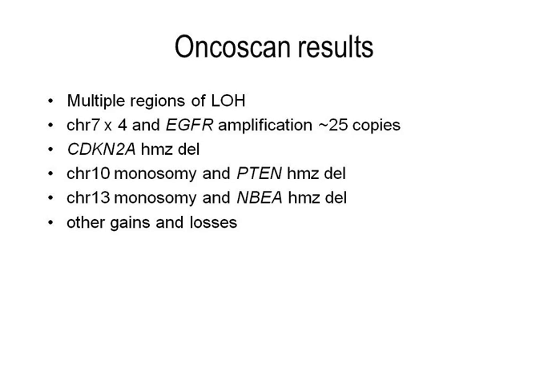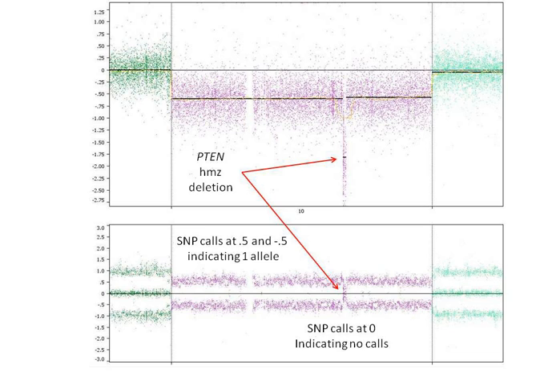OncoScan, however, showed many more additional clinically relevant data: multiple regions of LOH, EGFR amplification, which was also seen by NGS. In addition to that, there was CDKN2A homozygous deletion, which is actionable, chromosome 10 monosomy, PTEN homozygous deletion, NBA, which also has clinical actionability, and there were other chromosome gains and losses.